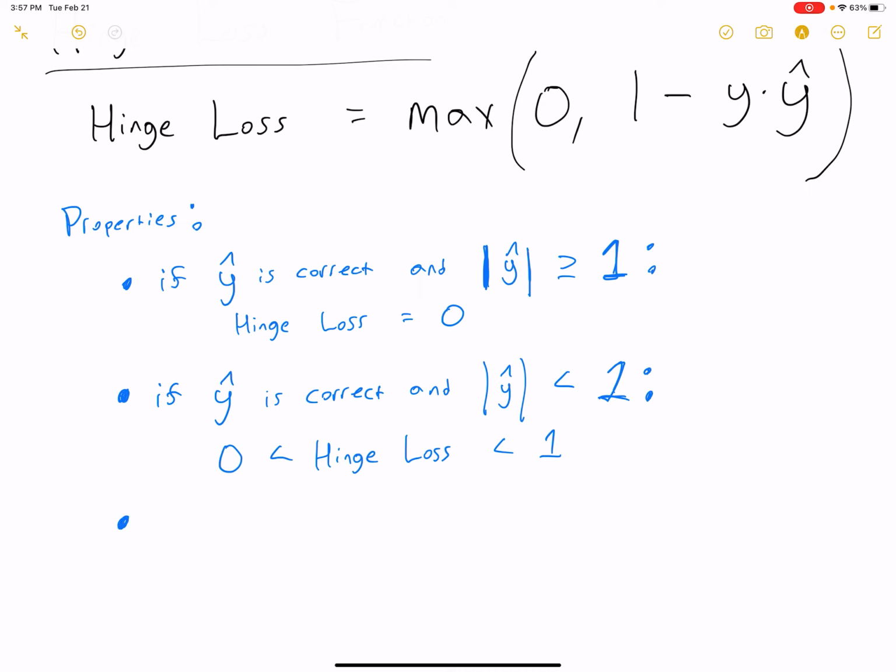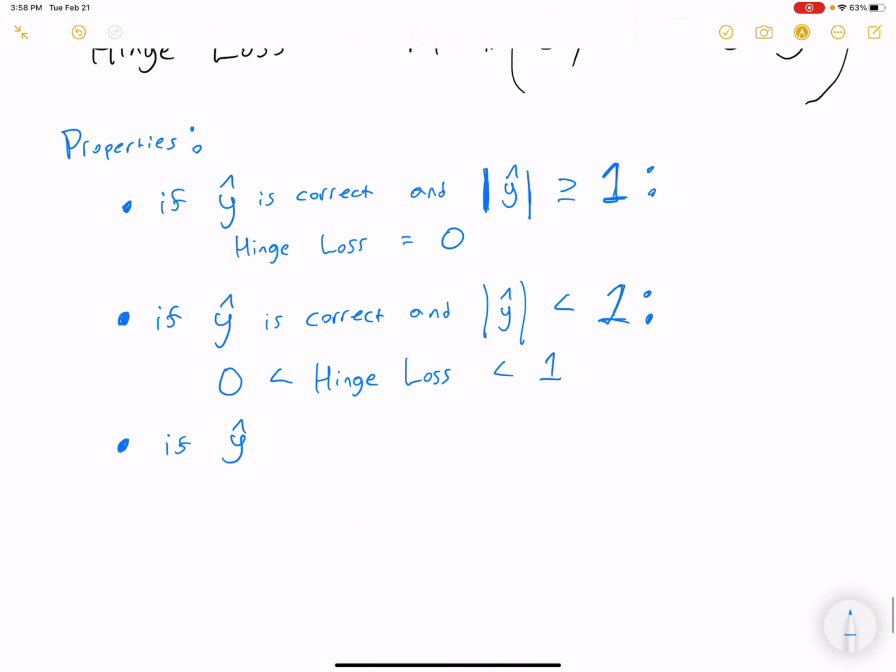And then finally, if we make the wrong prediction, so we're on the wrong side of the boundary, so if y hat is incorrect, then the hinge loss is greater than or equal to 1.